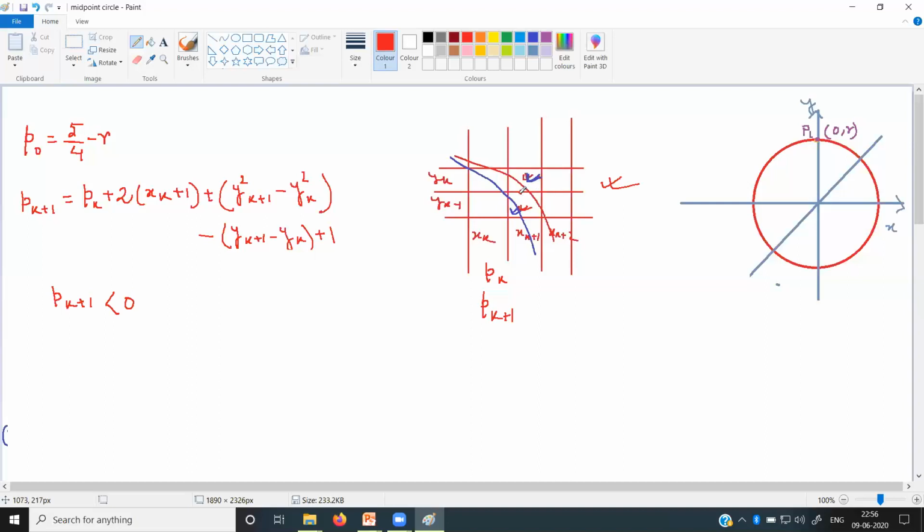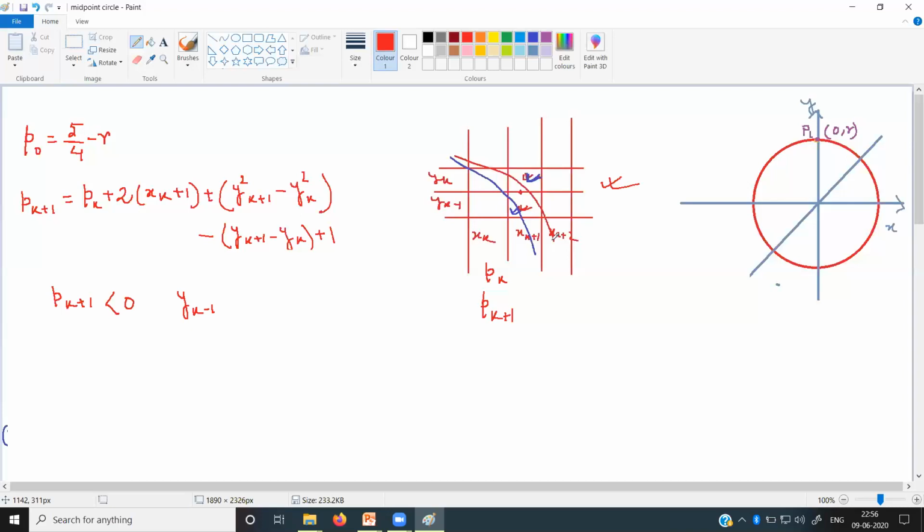So the decision parameter is less than 0, which means the midpoint is inside the circle. If it is inside the circle, and I consider y of k minus 1 as the y value, we are pushing the y value again towards the inside of the circle.